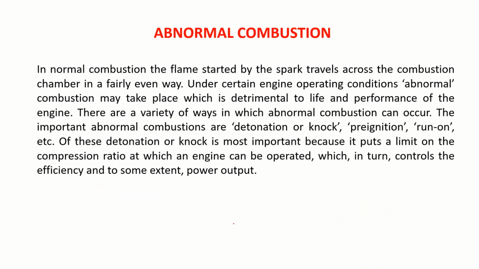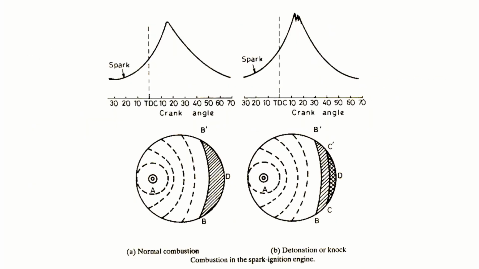Okay, now as I said, next what happens? I explained with this figure. If this flame front develops like this and smoothly consumes the charge, this is your combustion curve. Absolutely no problem. But by chance, the end charge auto ignites. There is burning from this side and burning from this side.